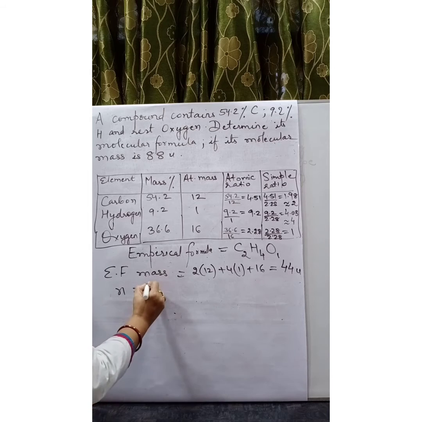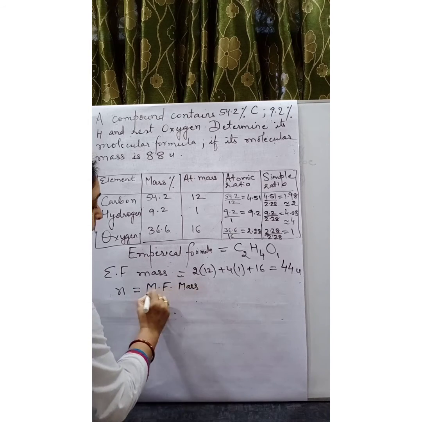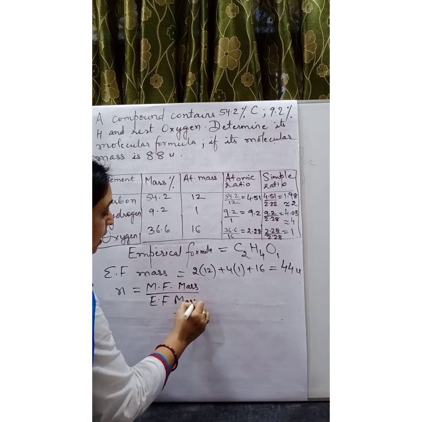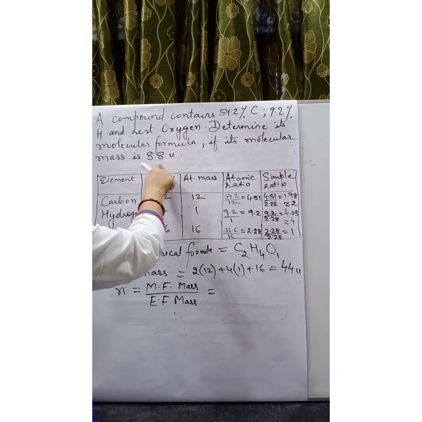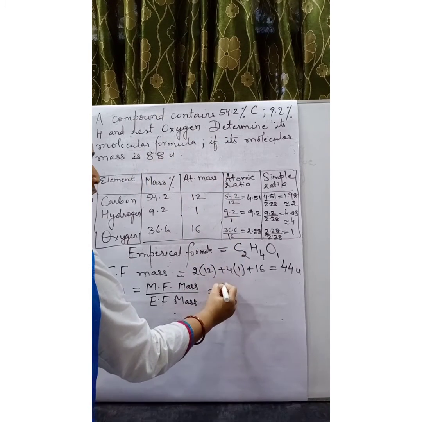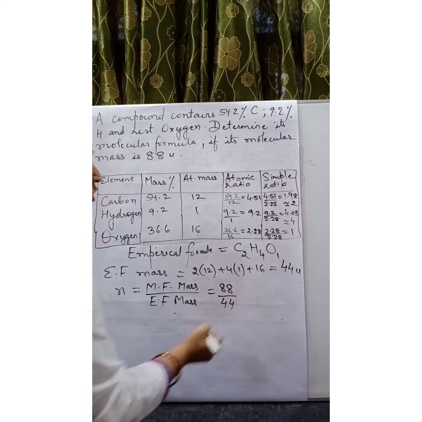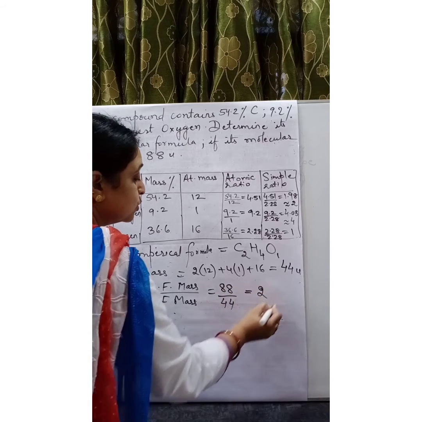Right? Now I will find the value of the constant factor n. How will I find it? Molecular formula mass divided by empirical formula mass. What is the molecular formula mass? It's already given in the question, 88 u. So 88 divided by the empirical formula mass you have already calculated gives 2.